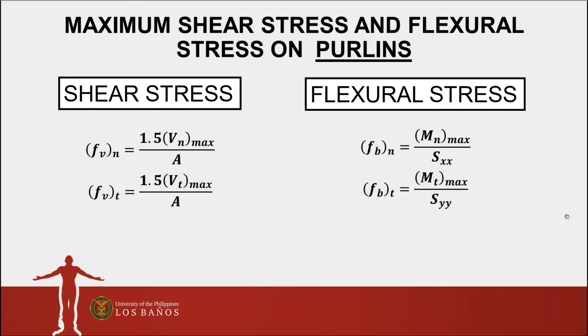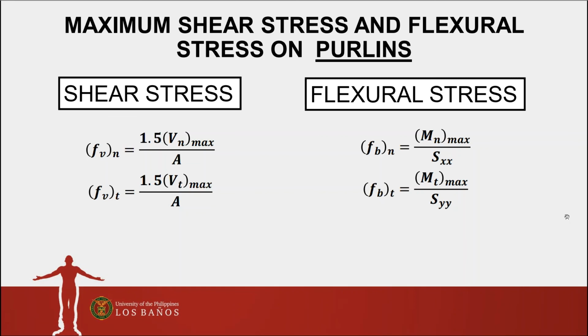So for the maximum shear stresses and flexural stress on purlins, for the shear stress in the normal direction, it is 1.5 times the shear force in the normal direction over the area of the purlin. So this holds true for the tangential shear stress. Okay, so you will need to use the maximum shear force for the tangential direction.